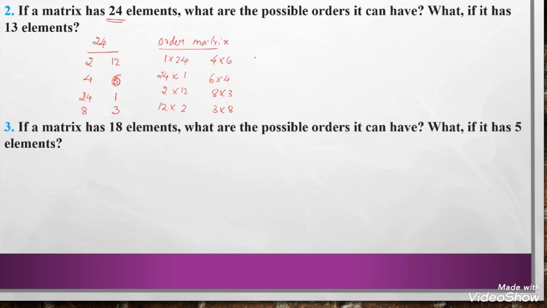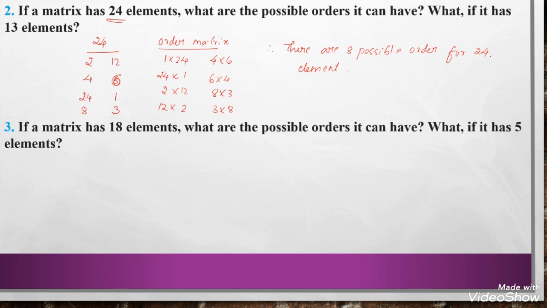Therefore, there are 8 possible orders for 24 elements, because 24 is a composite number.